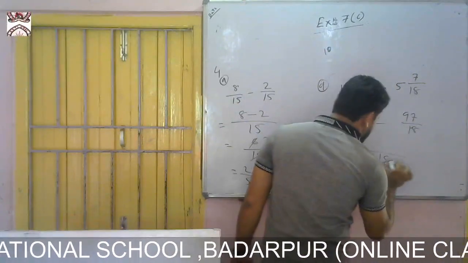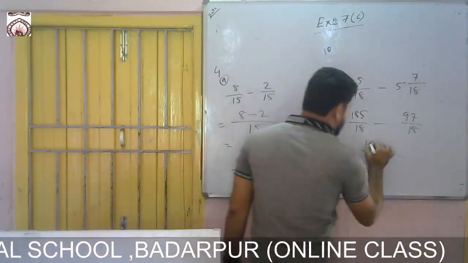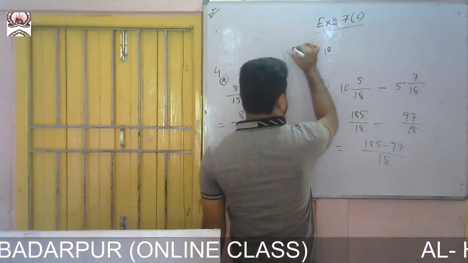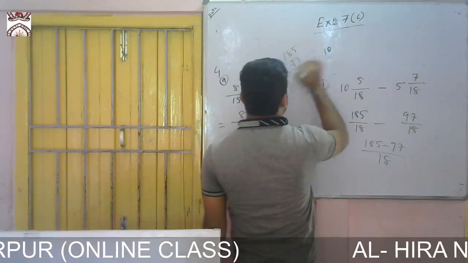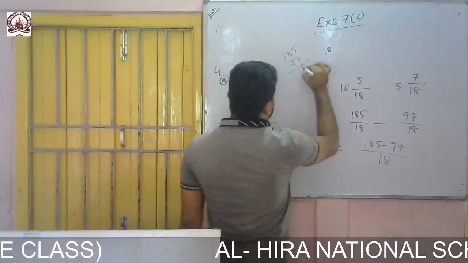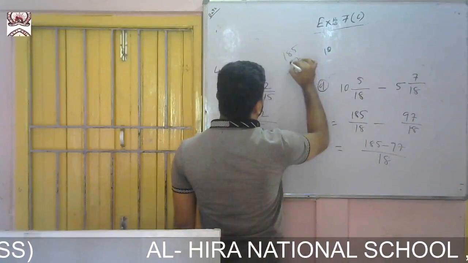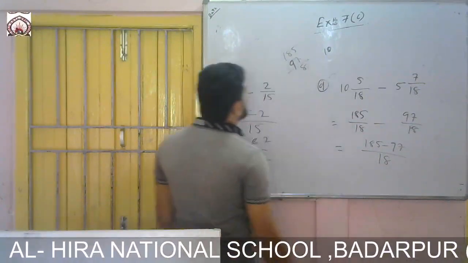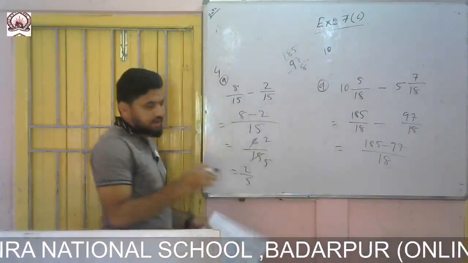Now take 18, since the denominator is same, so I can directly subtract 185 minus 97. So 15 minus 7 is 8, here remain 7.